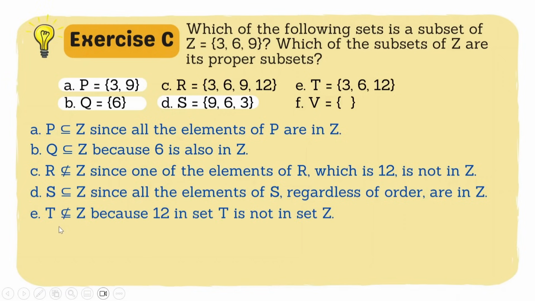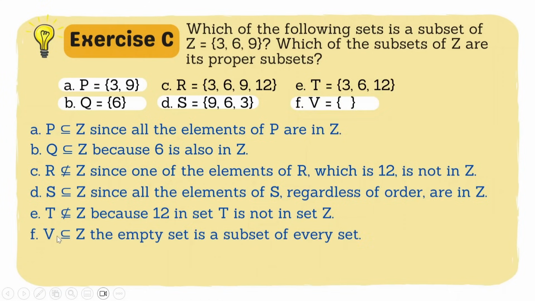Next, letter E. Set T is not a subset of Z because 12 in set T is not in set Z. Okay? Letter F. Set V is a subset of Z because the empty set is a subset of every set. Okay? So, pag null set or empty set, automatic po yan na subset.